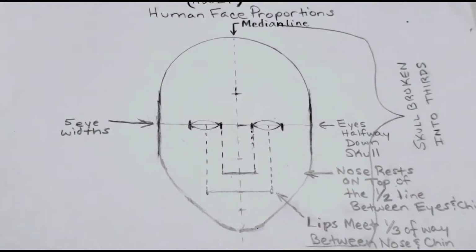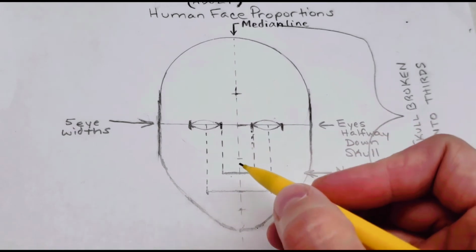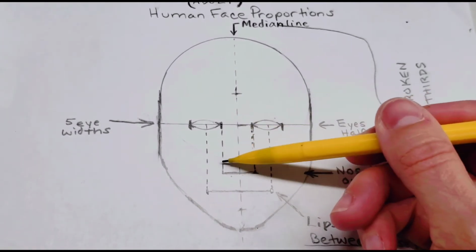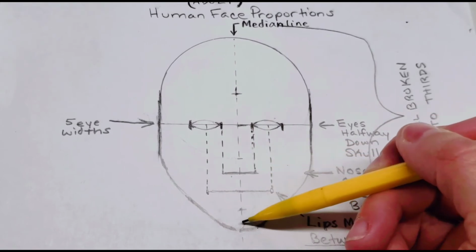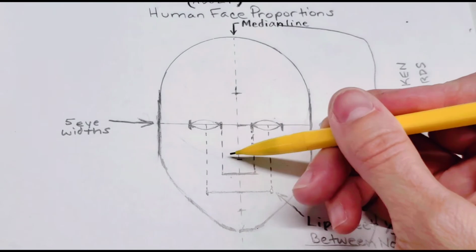Next, we're going to draw a nose. Now, later on, we're going to learn how to make a really detailed eye and a really nice looking nose, which a nose is all about shadows, really. So right now, we're going to do a very generic looking nose. And what you have to do is make sure that your nose is resting on top of this line. So we did the halfway point. Remember, this was halfway, but your nose has to sit on top.